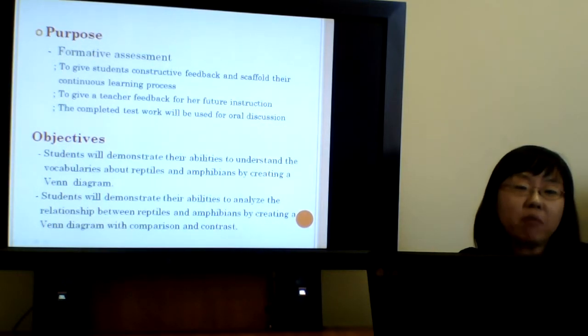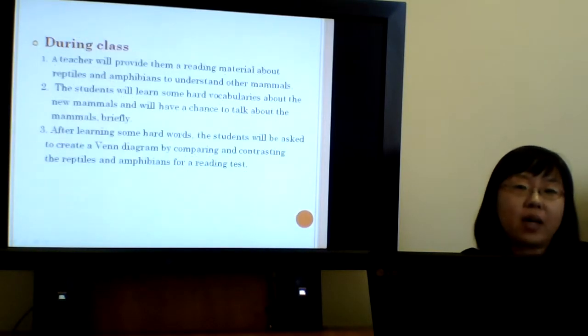And then the objectives of the assessment are that students will demonstrate their abilities to understand the vocabularies about reptiles and amphibians by creating a Venn diagram. And we also expect that students will demonstrate their abilities to analyze the relationship between reptiles and amphibians by creating a Venn diagram with comparison and contrast, which is one of the reading strategies.